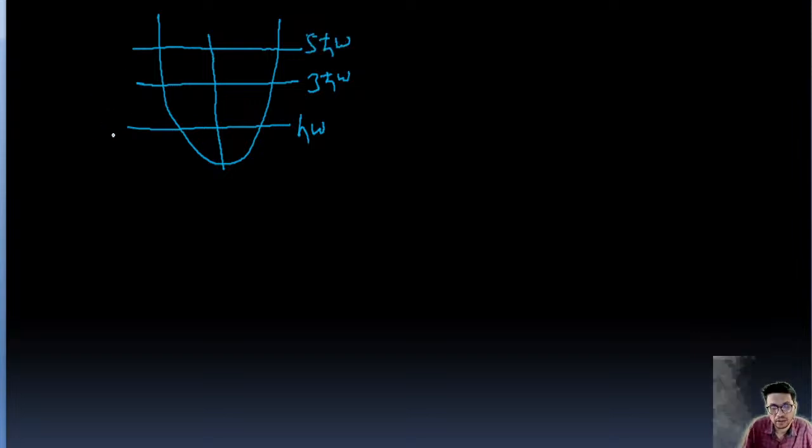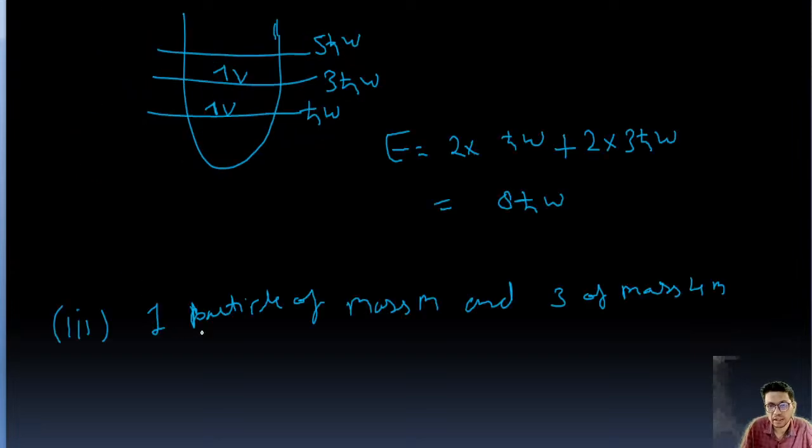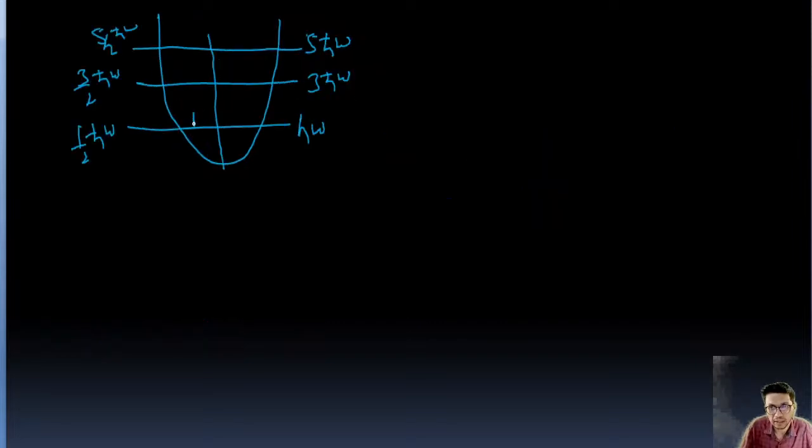And for mass m, the energy levels are going to be 1/2 ħω, 3/2 ħω and 5/2 ħω, right? So here the case is one particle of mass m and three of mass 4m, right? So one particle will be here and two particles of mass 4m will be in the ground state, right?